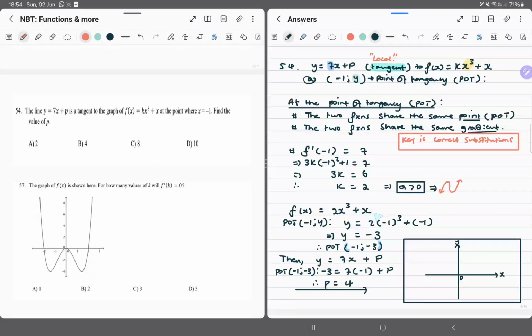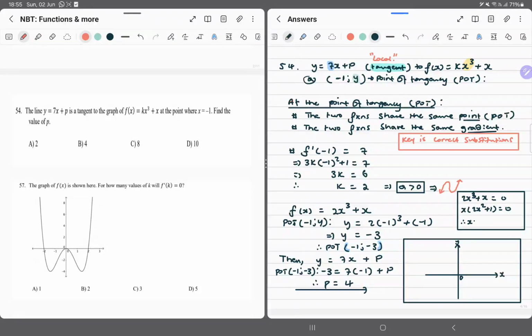Now, if we look at this graph, how do we work out the x-intercepts? Now we look at that graph. For x-intercepts, this is going to be 2x cubed plus x equal to 0, common factor. This one becomes x times 2x squared plus 1 equal to 0.